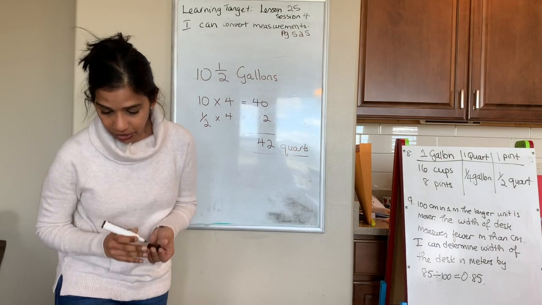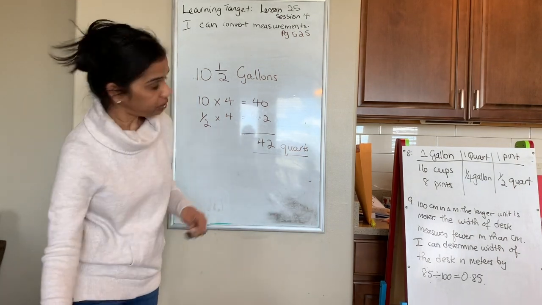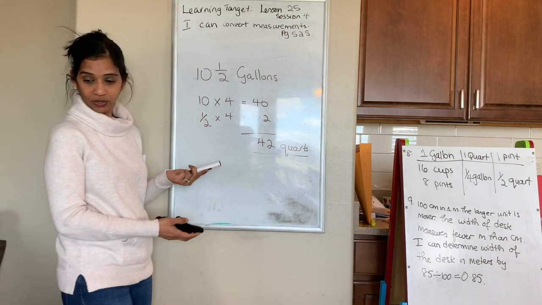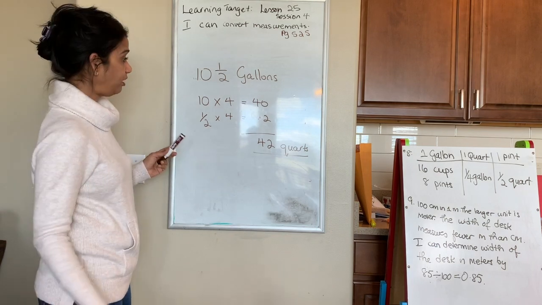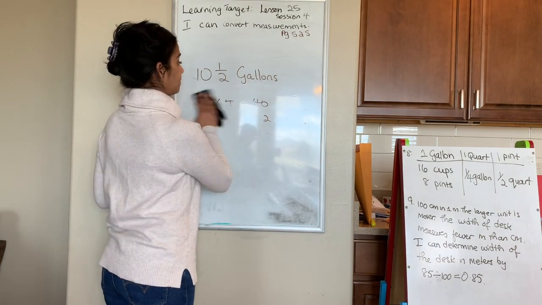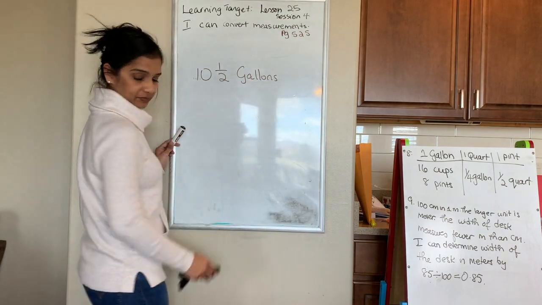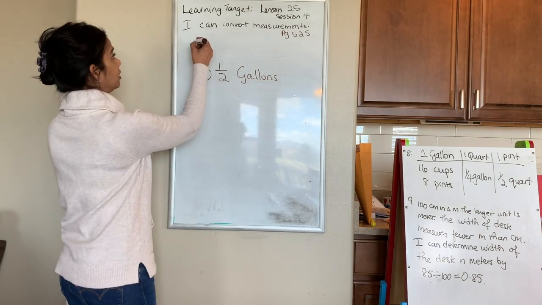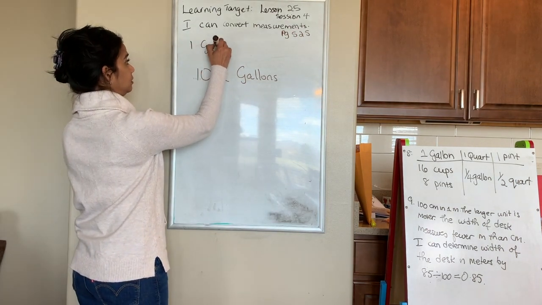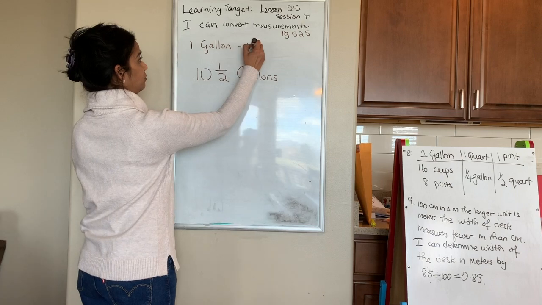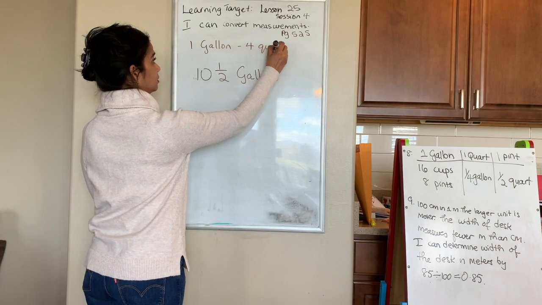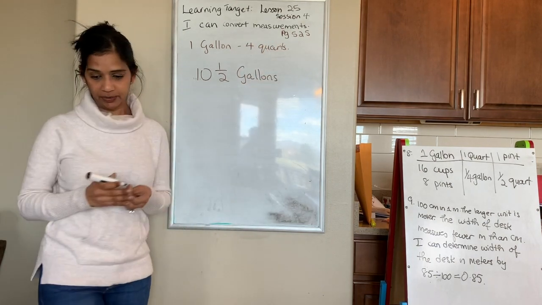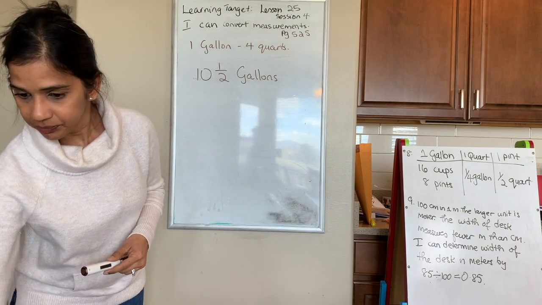All right, so you can do it like this. This is one way, or you can do it a different way, whatever you'd like. Okay, do we understand that? We have to remember that 1 gallon is equal to 4 quarts, right?